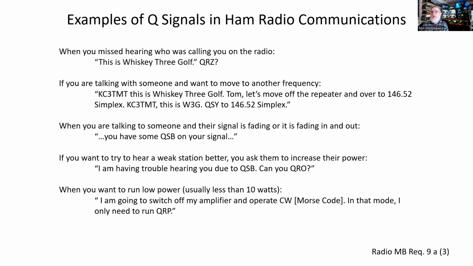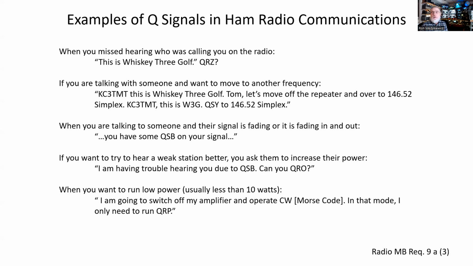When you're talking to someone and their signal is fading in or out, this is especially true if you're doing shortwave communications, you would say, you have some QSB on your signal. You're basically saying, hey, you've got some fading. If you want to try to hear a weak station better and you ask them to increase power, you would say something like, I'm having trouble hearing you due to QSB.